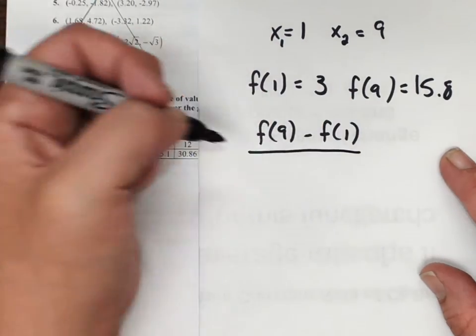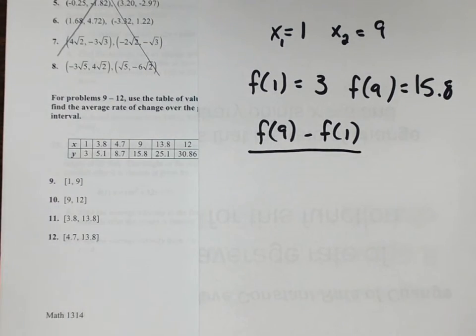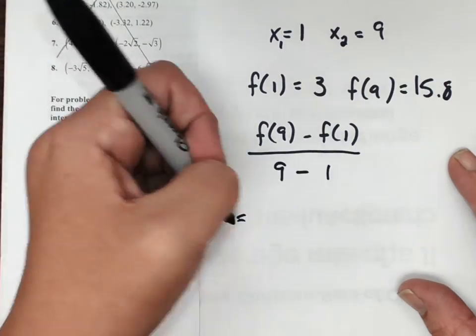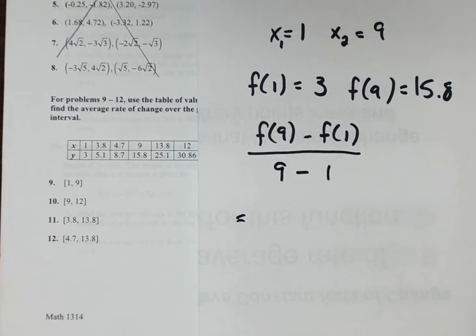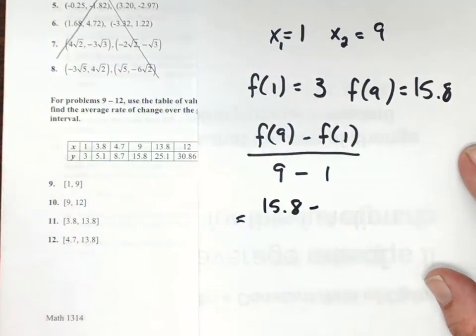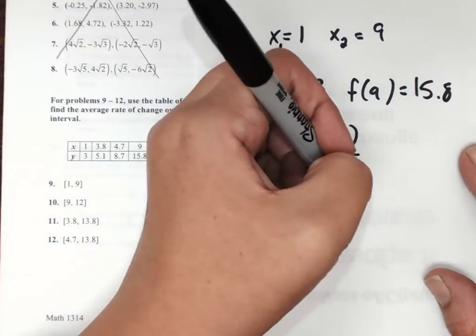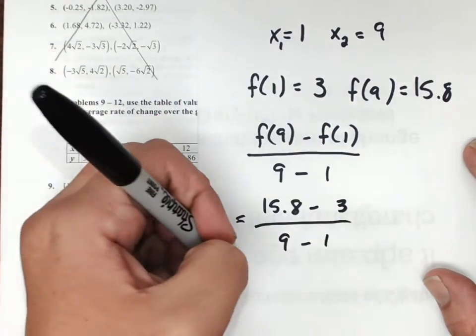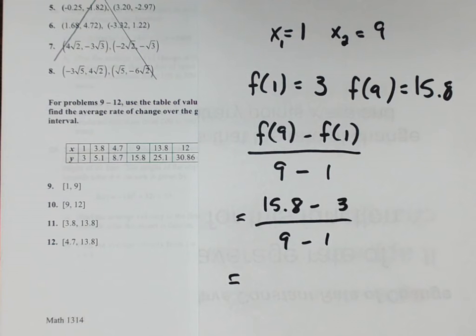So it's usually easier to calculate the larger value first, and then that's divided by 9 minus 1. Well, we know from our table that f of 9 is 15.8, and f of 1 is 3, and then we still have 9 minus 1 on the bottom of our problem here.